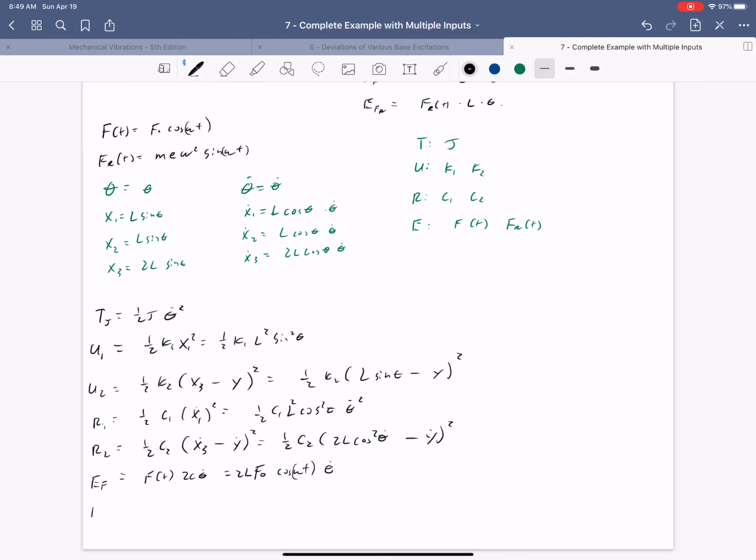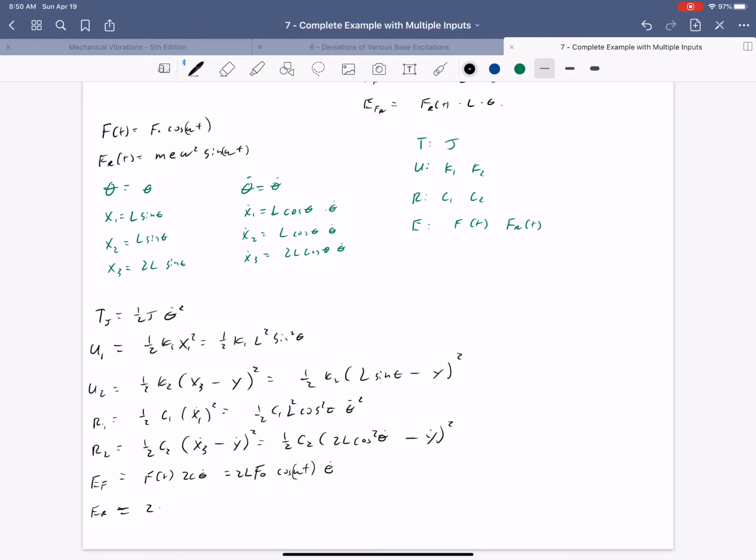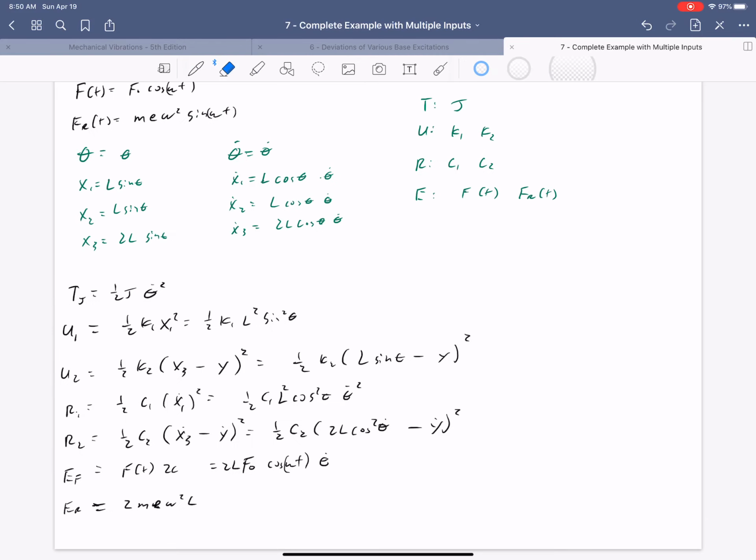And the energy due to the rotating imbalance force is located at L, so it's m e omega squared L theta, sine omega t theta. These aren't theta dots, they're just regular thetas.